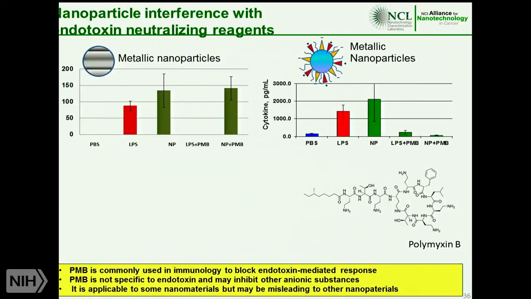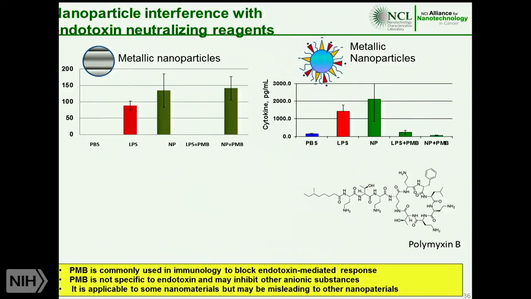Another very important parameter in studying endotoxin contamination in nanomaterials is the use of various reagents. In immunology, we have a lot of reagents that are known to neutralize endotoxin's inflammatory properties. One such reagent is polymyxin B. Polymyxin B is a polycationic peptide.